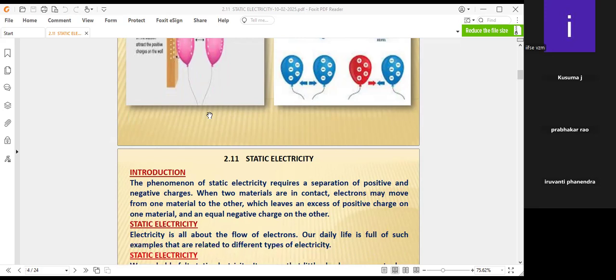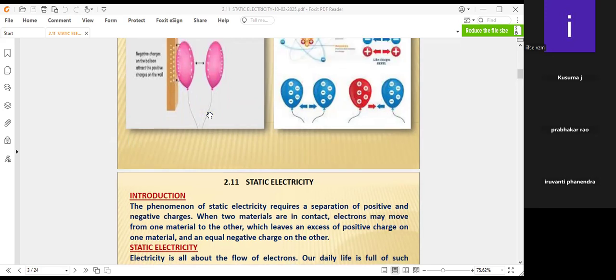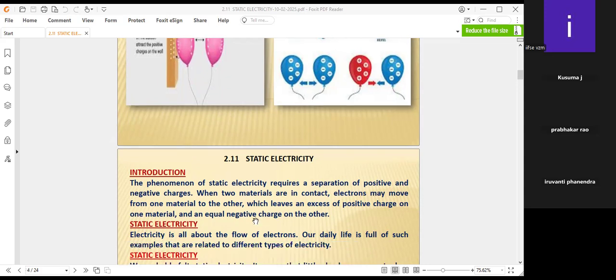These are the minimal concepts. First of all, we have to think that there is a separation of positive and negative charges before it reaches the ground. When two metals are contacted, there will be an excess positive charge on one side and an excess negative charge on the other side.